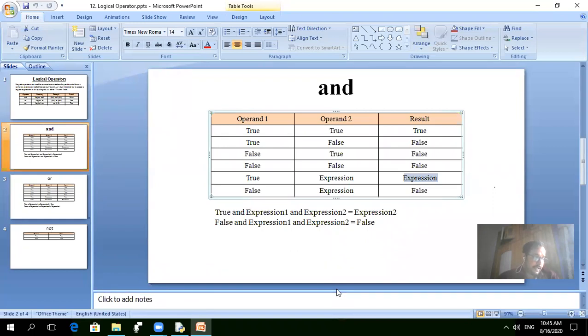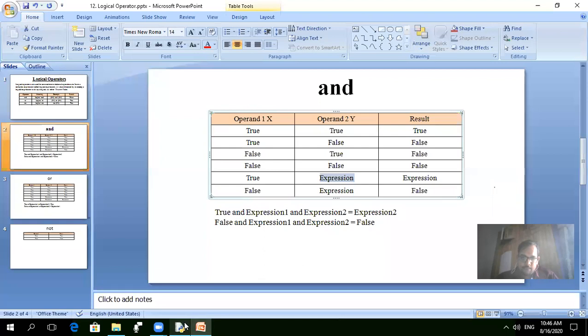In an expression x and y, now first operand, this is called operand 1. If the first operand is false, then it returns the first operand, this means false. Otherwise it will return the second operand, that means expression.